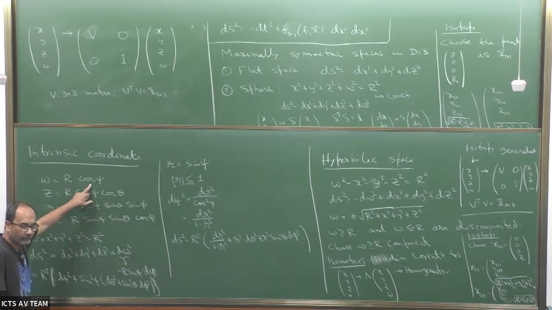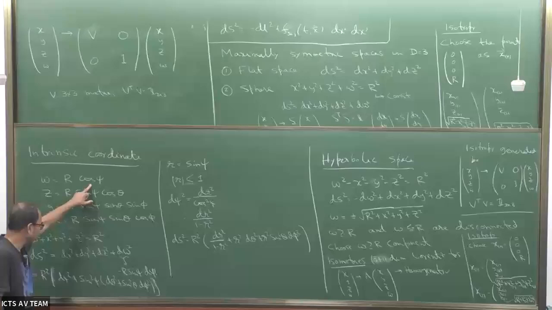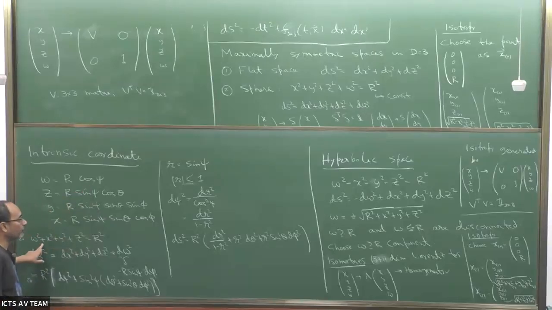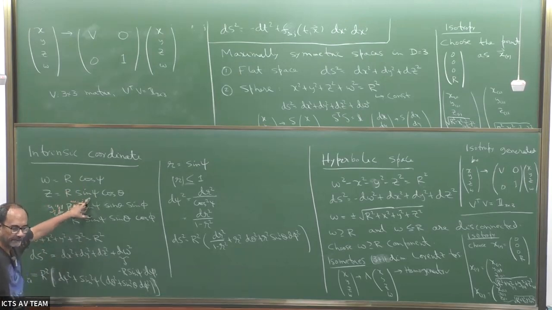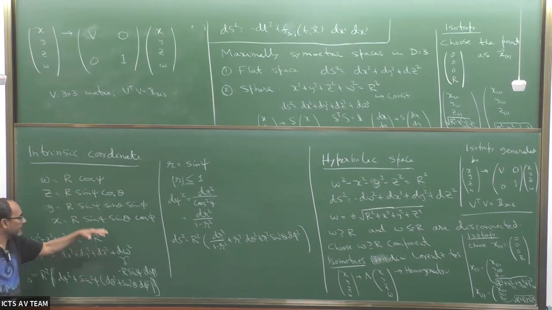You can check that if you change cos to cos hyperbolic, then w square minus x square minus y square minus z square remains r square. Because the last step will be r square cos hyperbolic square psi minus r square sin hyperbolic square psi. I'm just explaining in this language that if we change cos and sin to cos hyperbolic and sin hyperbolic, whatever I did for the sphere will go through here.